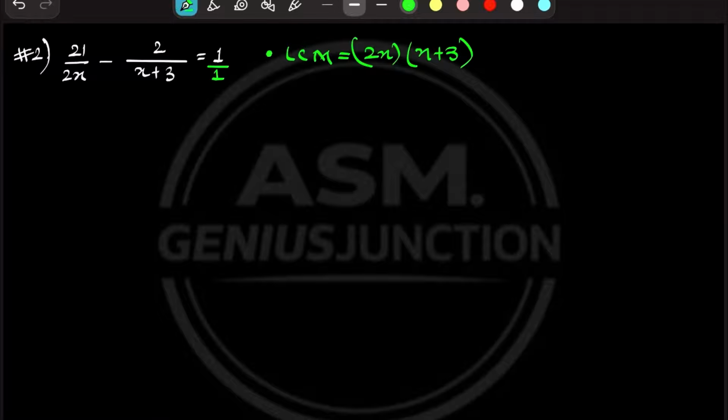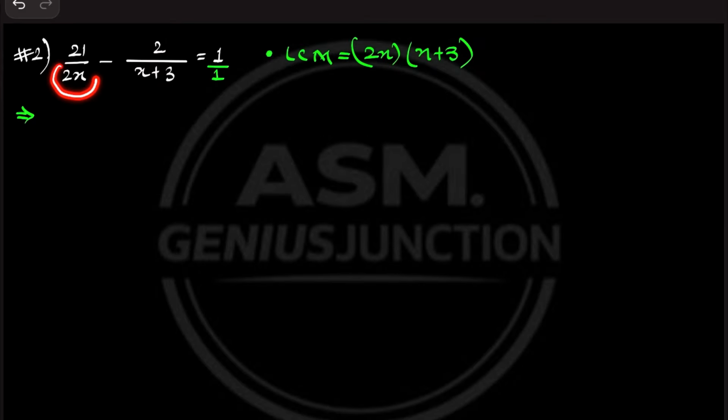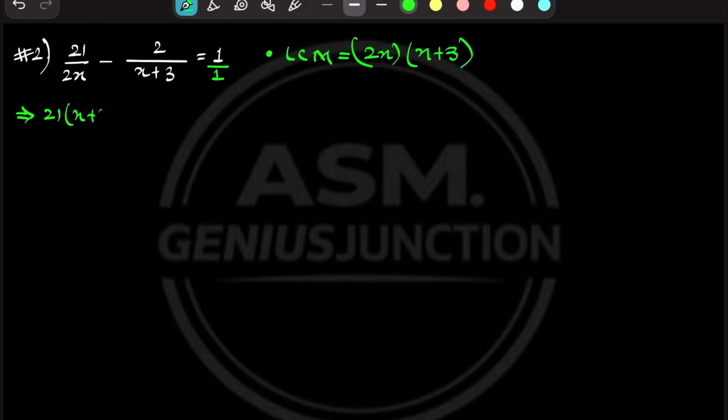Now the LCM is written right over there and one by one we will discuss the question. So the LCM is written on the right hand side at the top. Now let's start. 2x. When this complete LCM is divided by 2x, we will be left with x plus 3. So this x plus 3 is going to be multiplied in the numerator in this way.